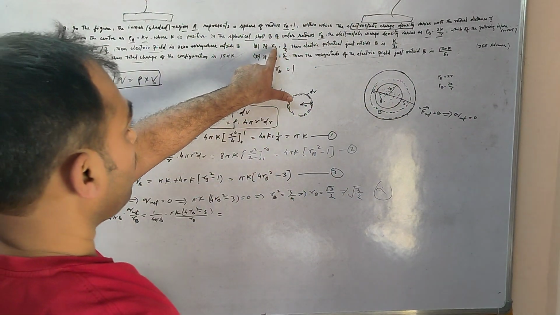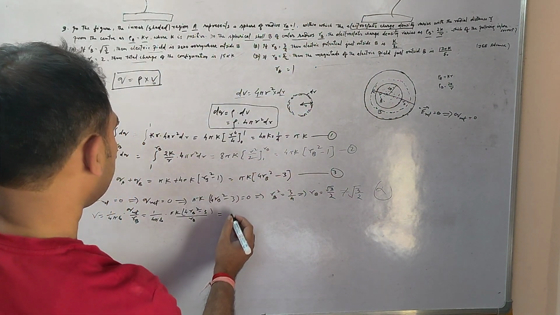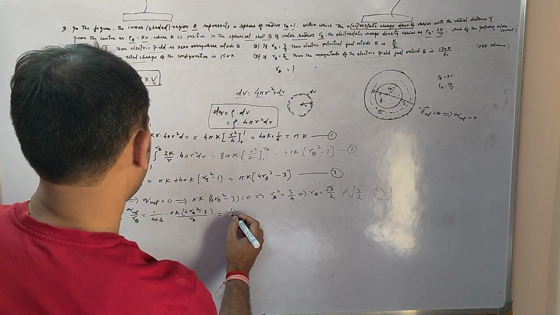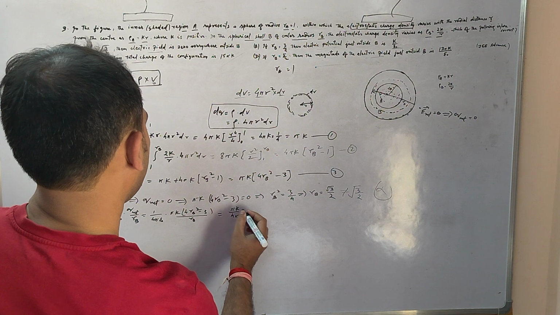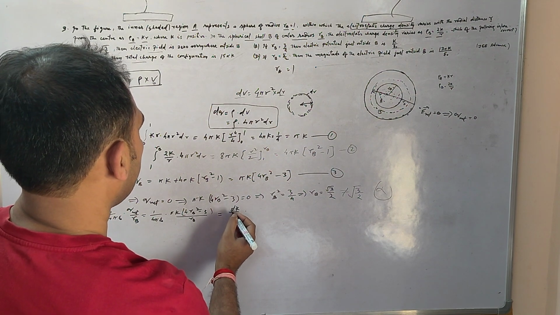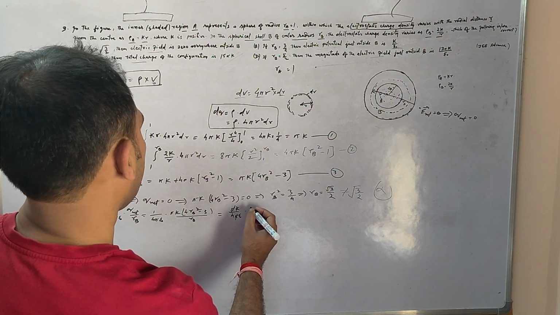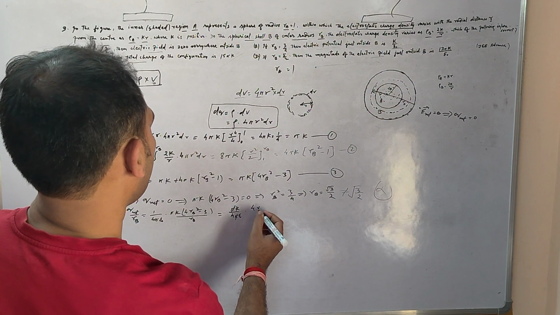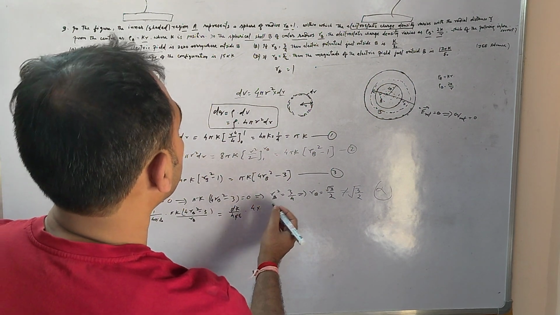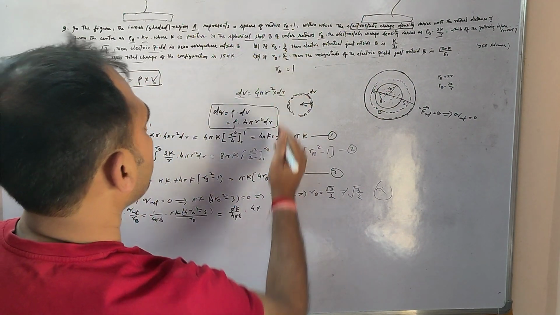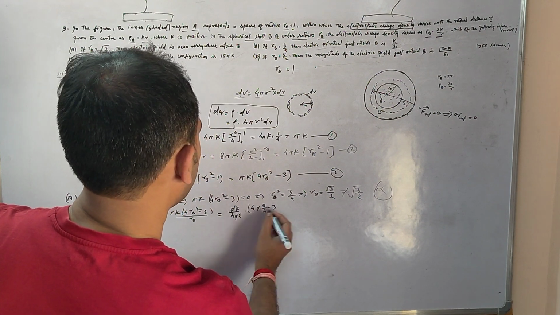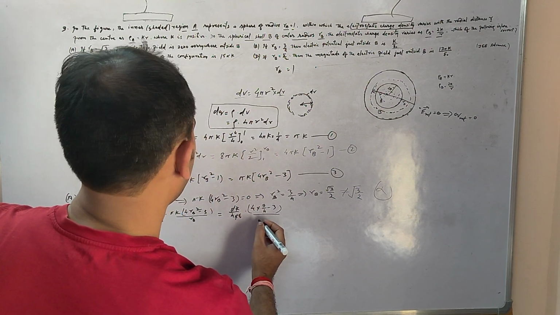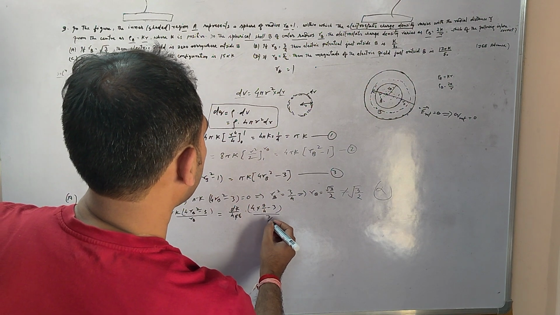So let us put the value of RB, 3 by 2, here. 1 upon 4 pi epsilon naught, pi k, pi cancels out, 4 into RB square. What will be the value of RB square? This will be 9 by 4, minus 3, by RB, 3 by 2.